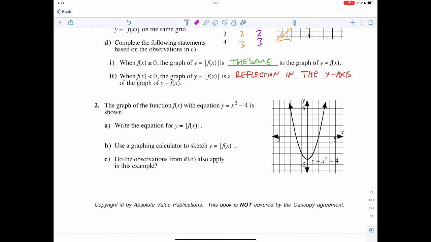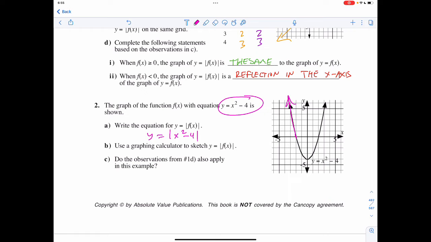I can do the same process with a quadratic one. If I take the absolute value of this quadratic function, it's just going to be y is equal to the absolute value of x squared minus 4. What are the only things that change? Well, the positive values would still be the same.